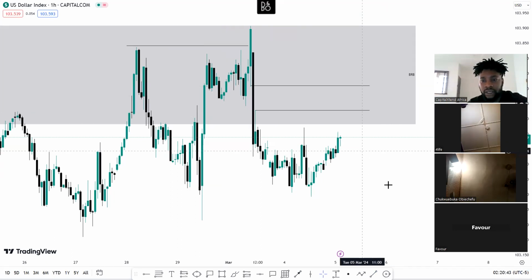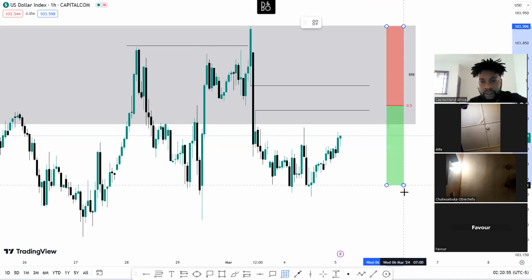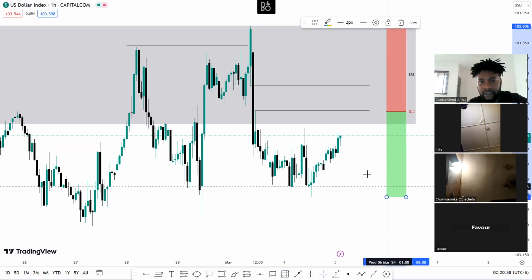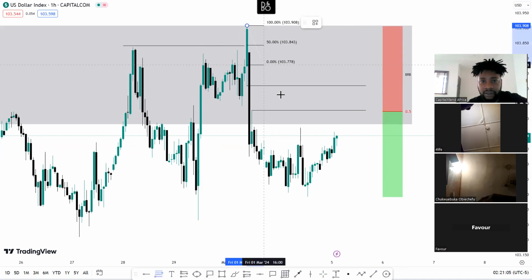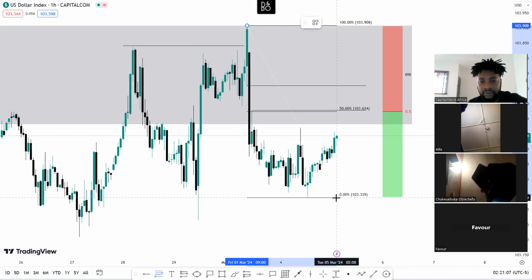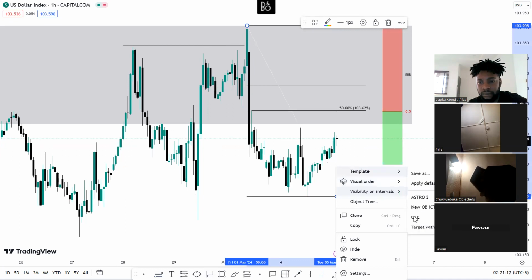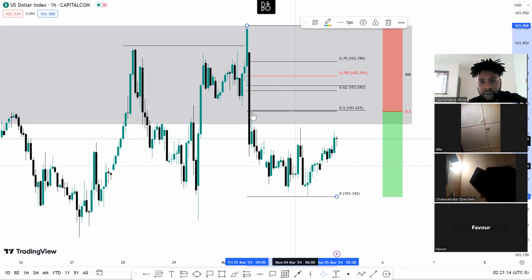So let's use the PD array to know if this gap is in our premium zone. Yes, it is, it's in our premium zone. And let's check if it aligns with our optimal trade entry, our OTE. Okay, we have our OTE here.